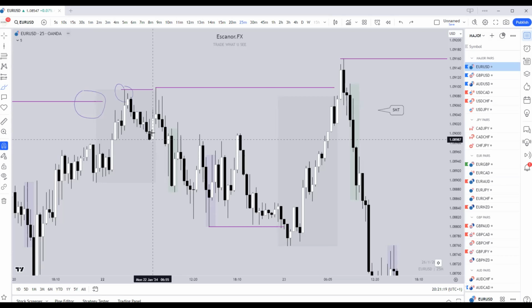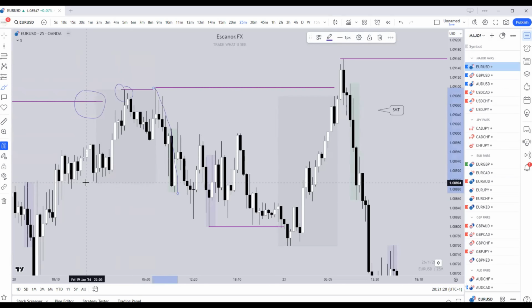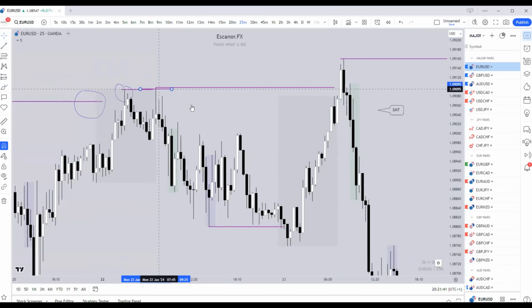This is a sign of a sweep coming soon. At this point, we swept the Asia session high, and then we dropped to the downside. We took the Asia session low, and at the same time we generated a trend line liquidity here. So let's draw it. Let me use this point here.